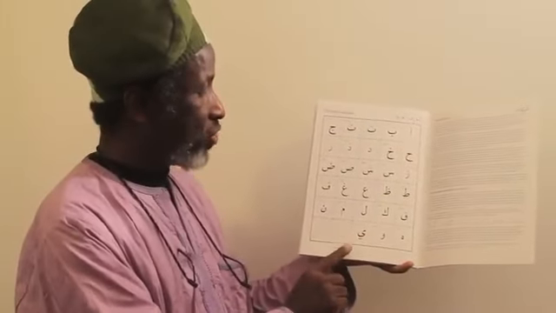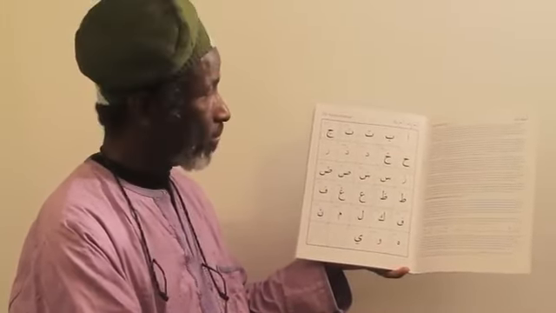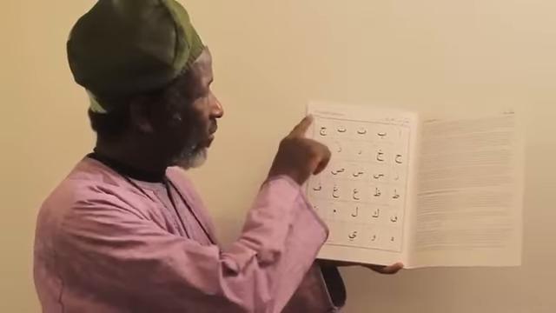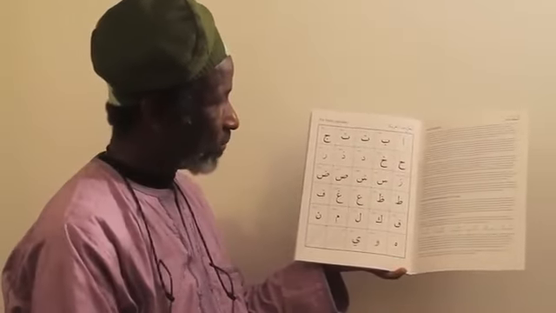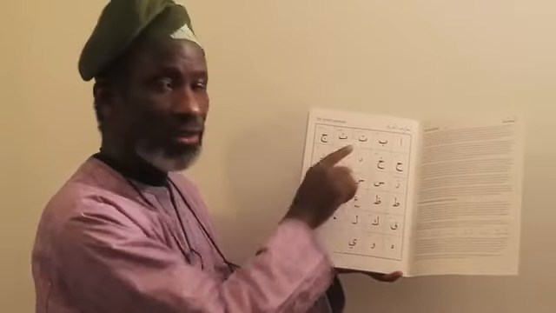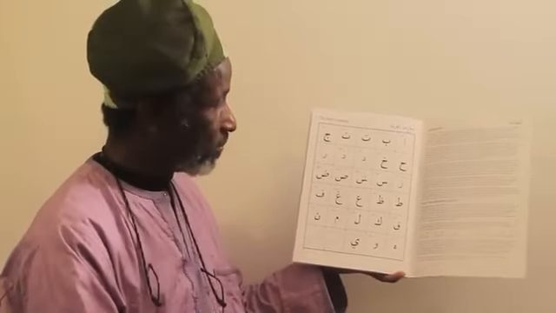This is page 3 of the Arabic from the Beginning book. On it you will see the Arabic alphabet in its total from the beginning to the end. Each letter is carrying the transliteration, which will help you to master the name of the letter.